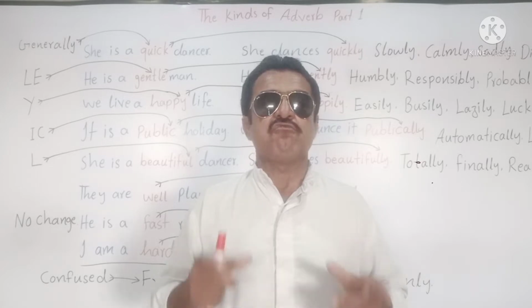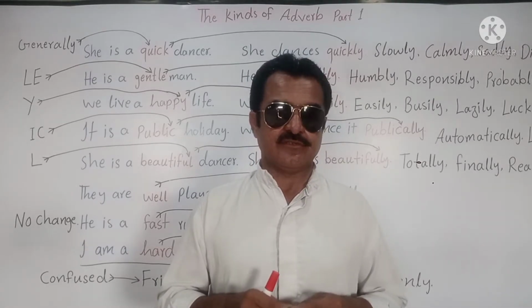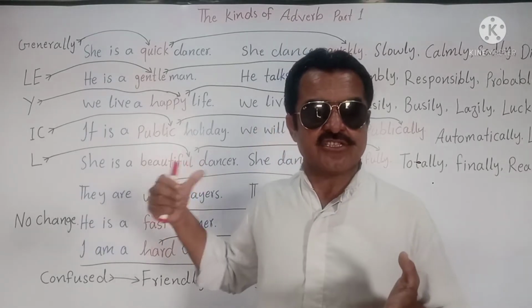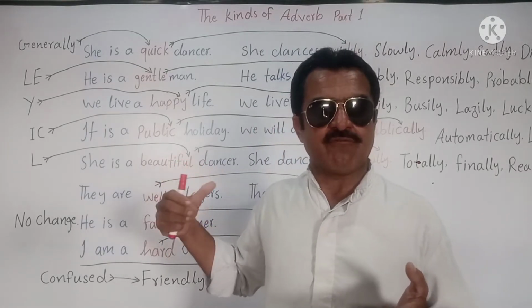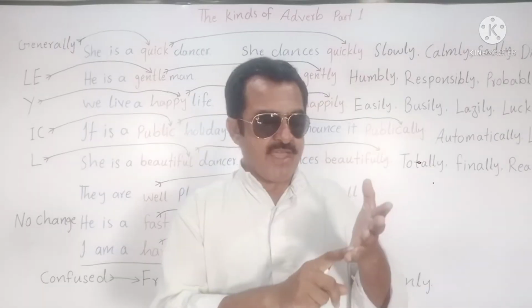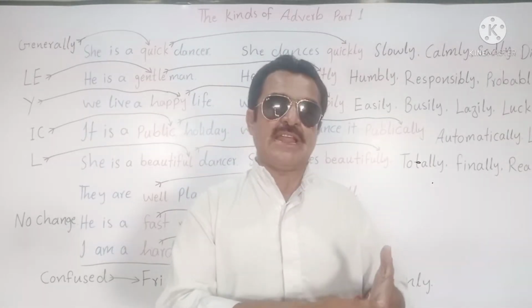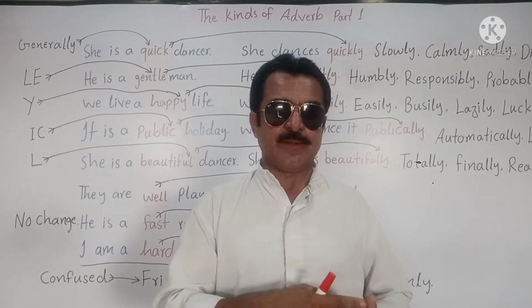Adverb has 5 major types: adverb of manner, which in today's video we will learn about, adverb of frequency, adverb of time, adverb of place, adverb of degree.